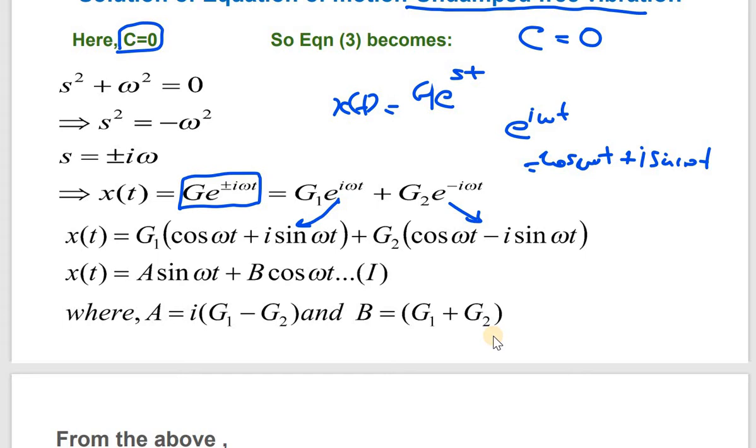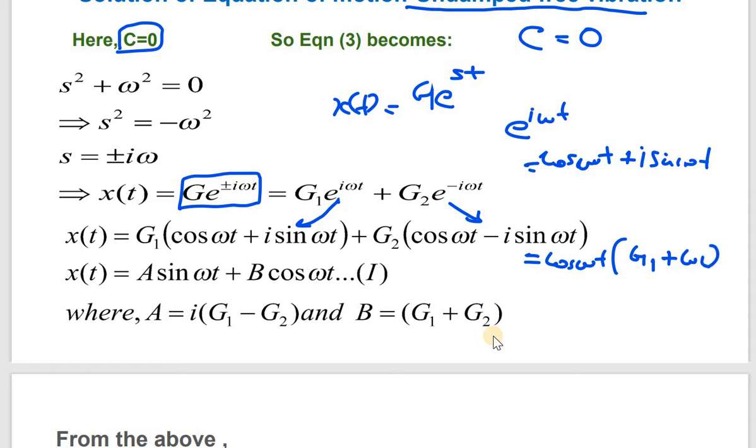Taking cos omega t outside, it is G1 plus G2.